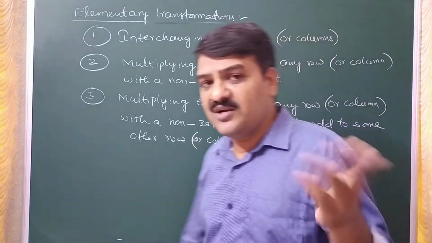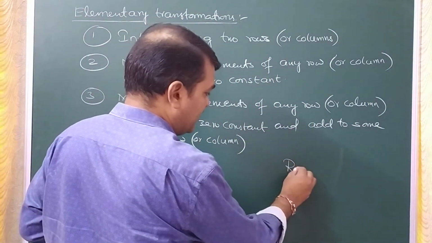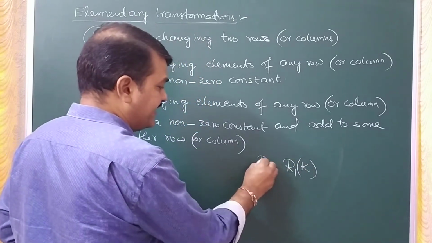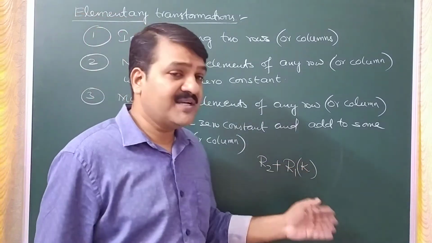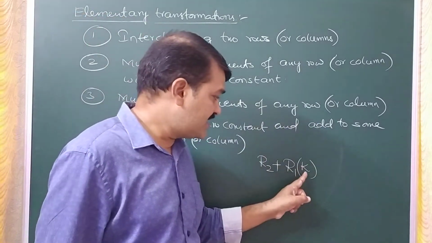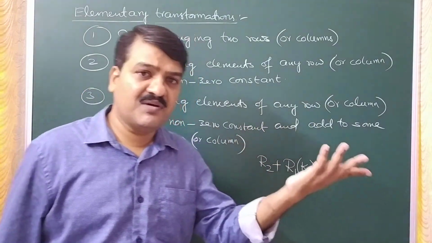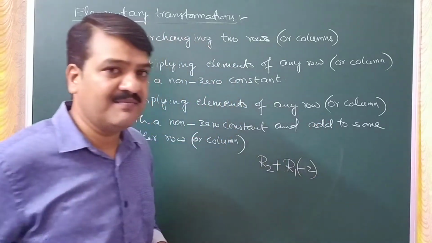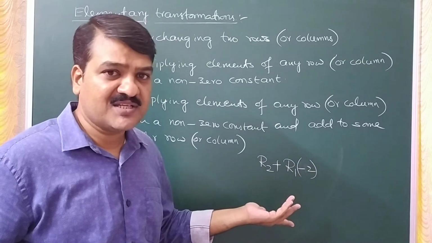So adding includes subtraction also, because for example, if I multiply first row with a constant and add to second row, what is this constant? We did not mention. We are just mentioning non-zero constant that can be positive or negative. So if the constant is taken as negative, for example -2 I am taking as k, this is nothing but subtraction, it is not addition.